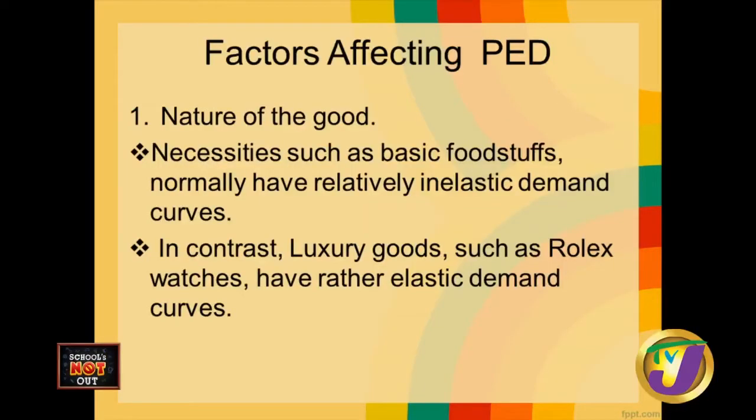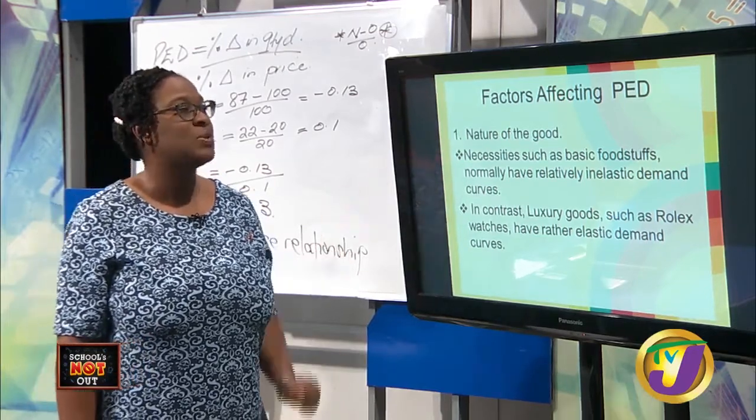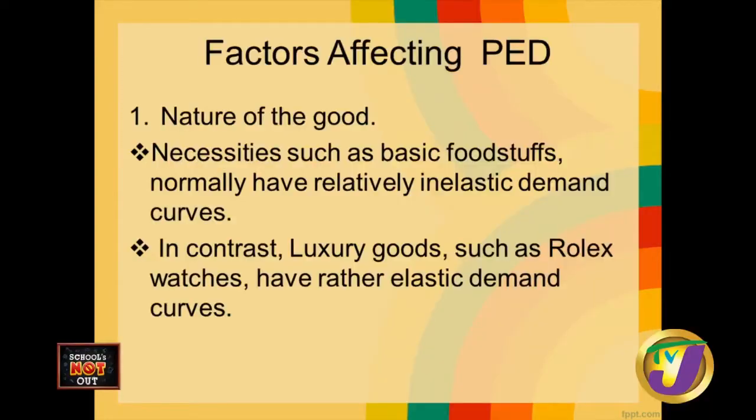Now we want to turn our attention to some of the factors that will affect price elasticity of demand. And the first one here is the nature of the good. We touched on some of it before, but let us go through. Goods that are necessities, such as basic foodstuff, normally have relatively inelastic demand curves.